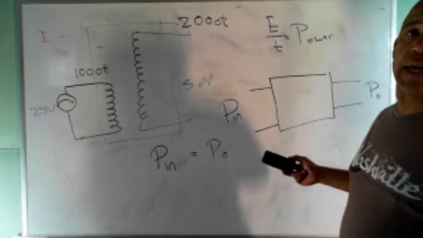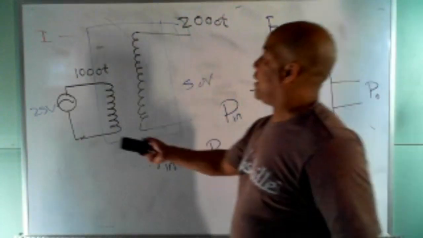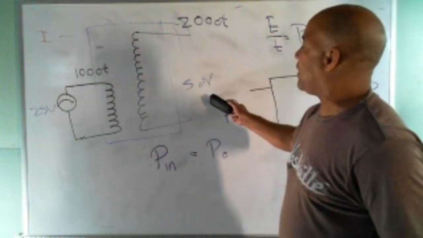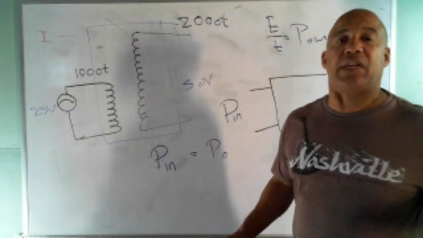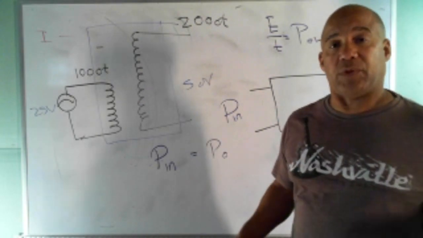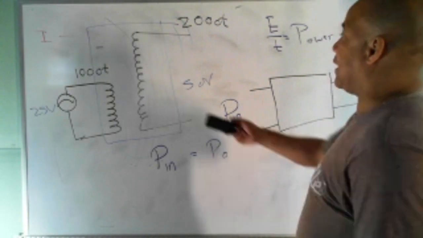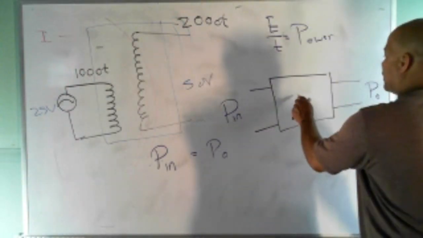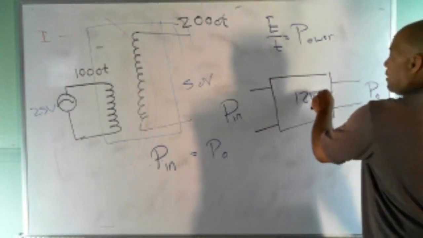In any combination. So the fact that I put in 25 volts and get out 50 comes at the expense of something else, and that something else is the current. Here's what I'm saying. Let's say this system right here is a 12 watt system.